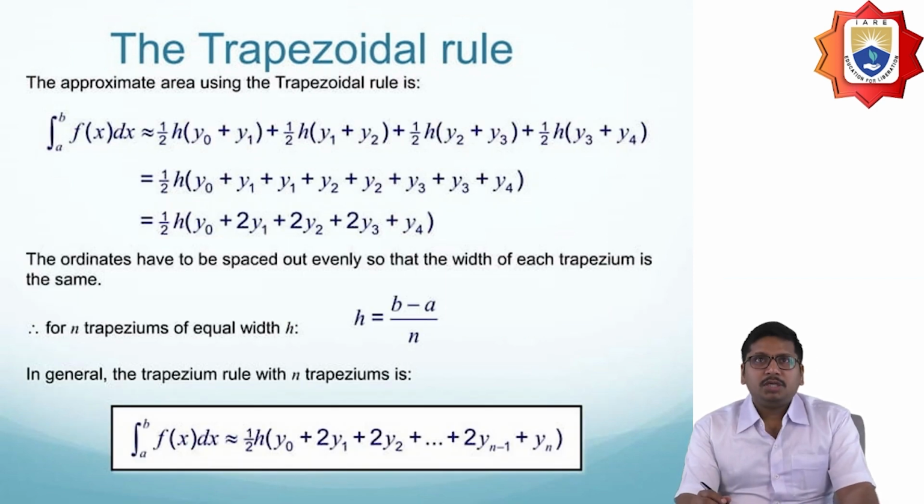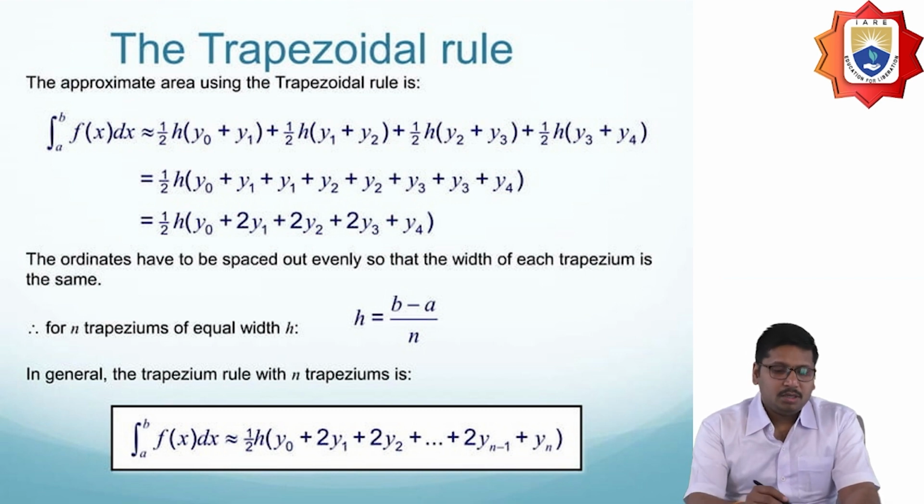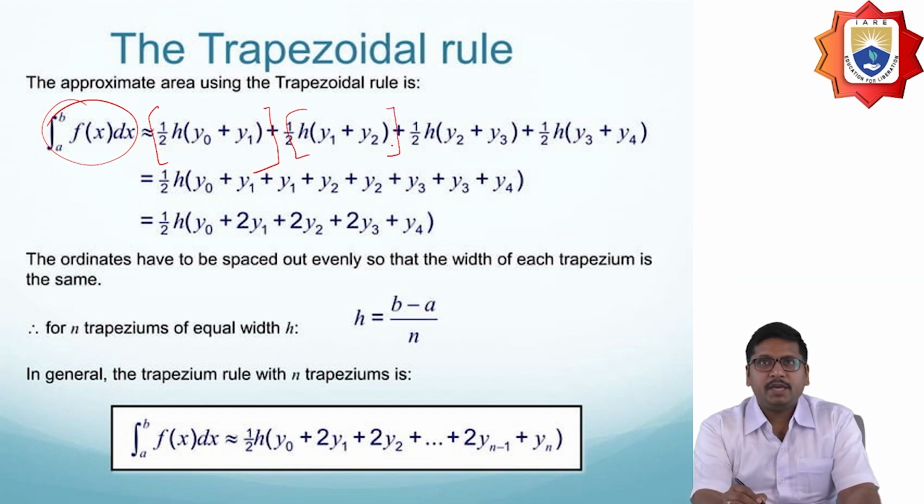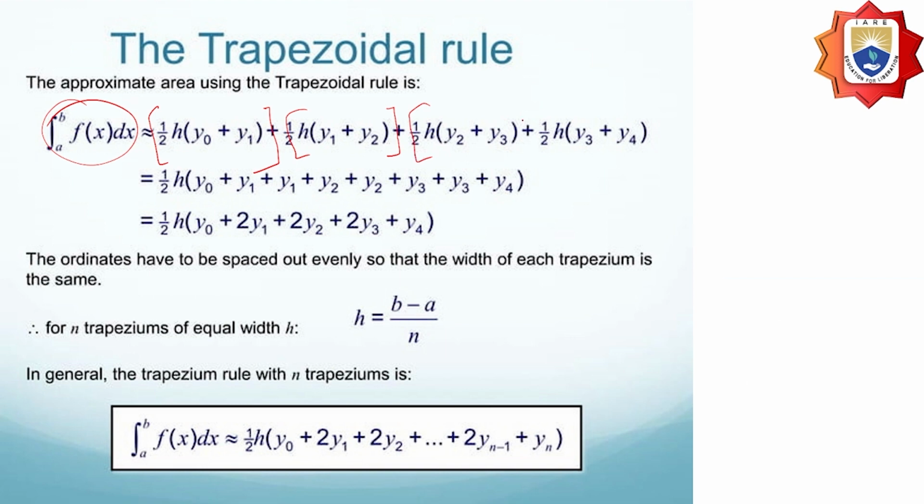So the approximate area using the trapezoidal rule is given by the integral of f of x dx, which is half into y0 plus y1, times h for one trapezium, and for another trapezium half into y1 plus y2, times h, and another trapezium.